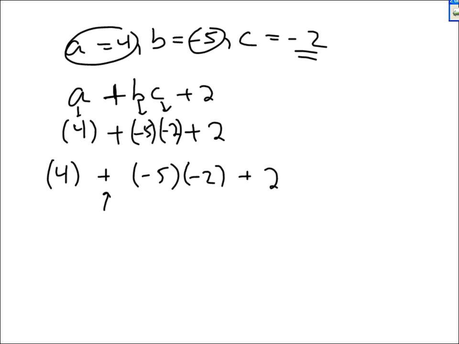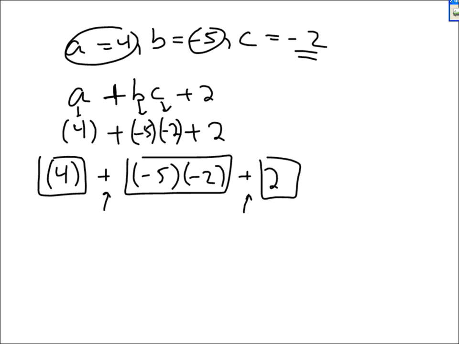There are addition and subtraction signs. They separate what you're adding and subtracting. It's this number plus this number plus that number. Those are the terms that I just boxed. The first term is 4, plus the second term is 10. A negative times a negative is positive, and 5 times 2 is 10.